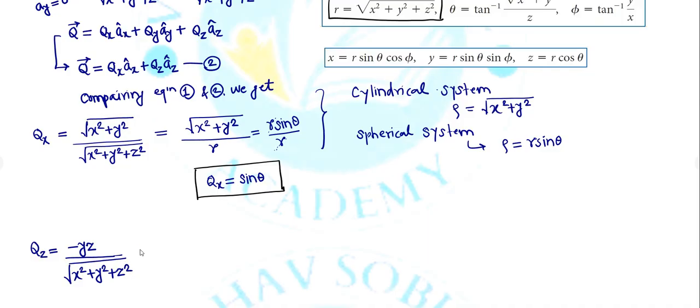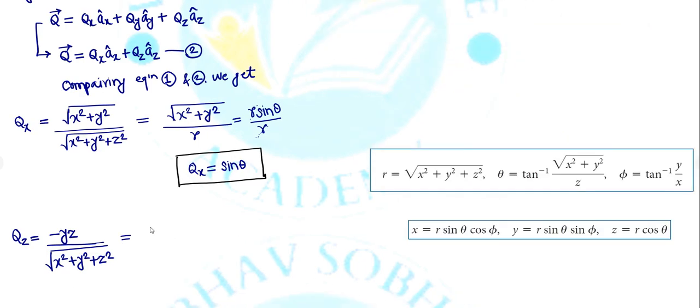Now what is the y value we have? For your reference, I am going to bring back that expression nearer to this one. Now we are going to put the values of y and z over there. So what is the value of y from this expression? y is r sine theta sine phi.